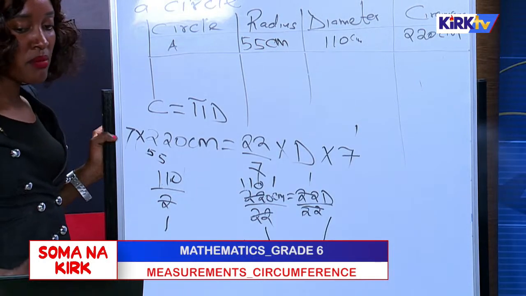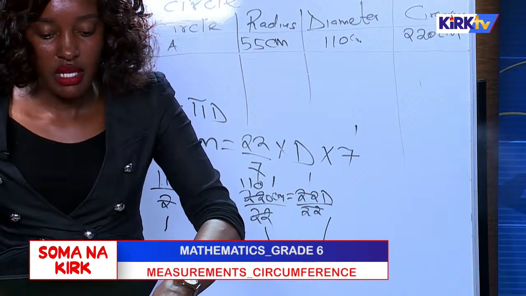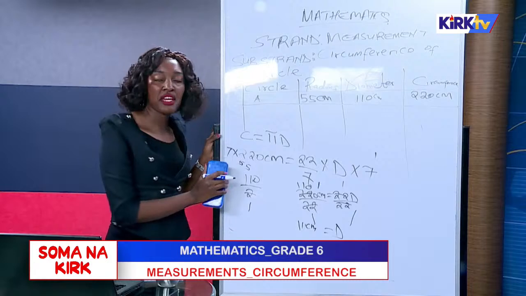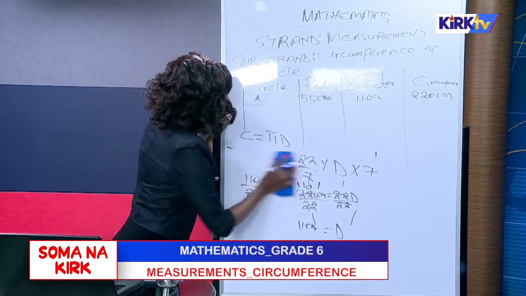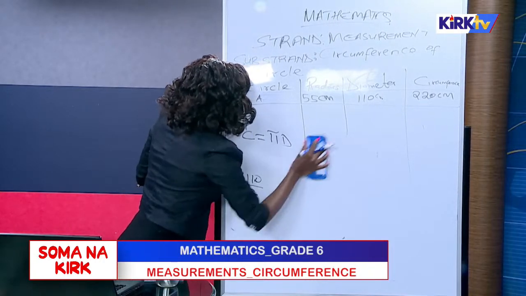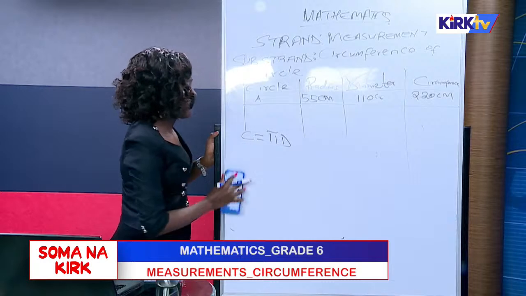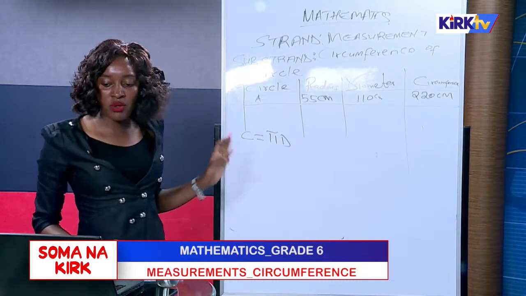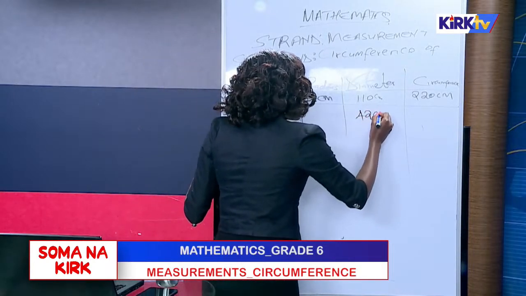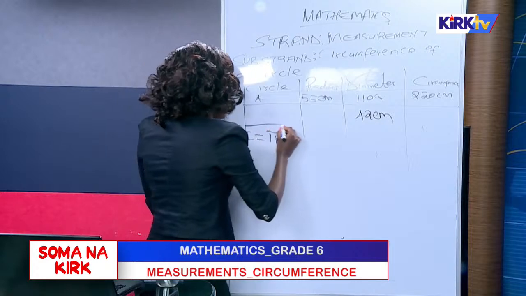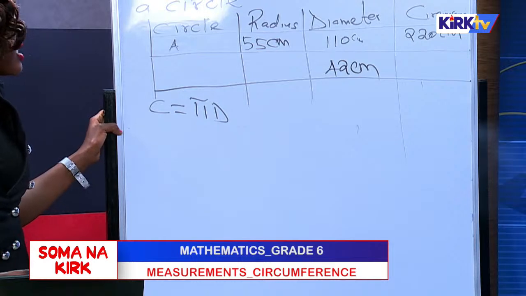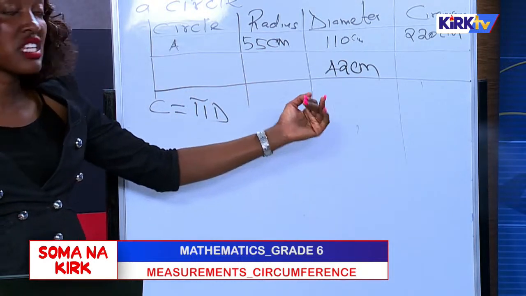Are we together? Yeah. And then maybe the last example here, and then I give you an exercise. You're given a diameter, let's say it's 42 centimeters, and then you're told to find the radius and the circumference.